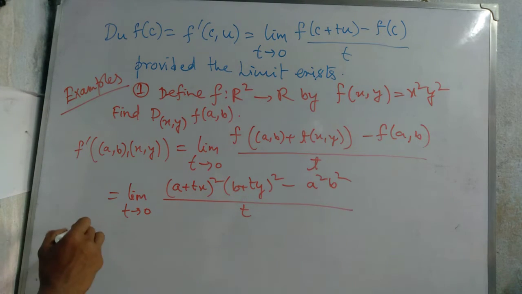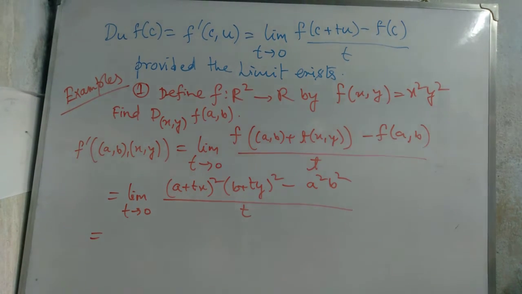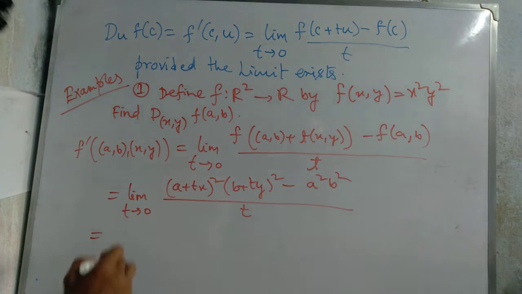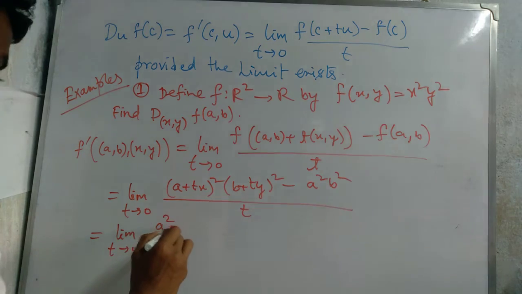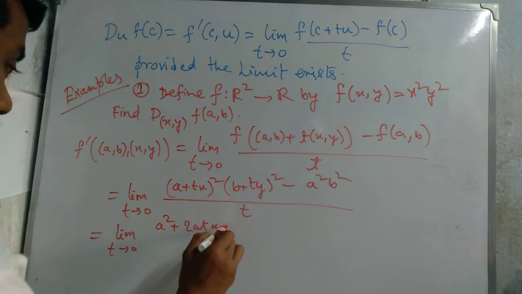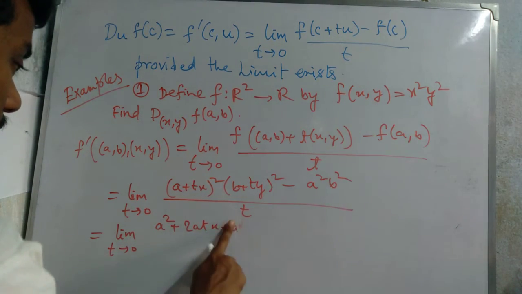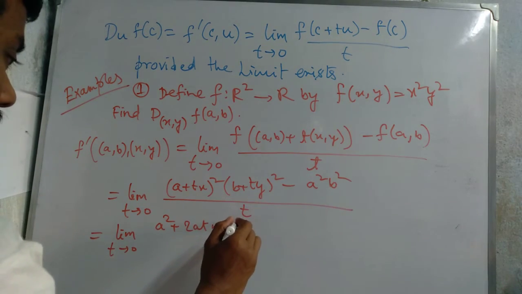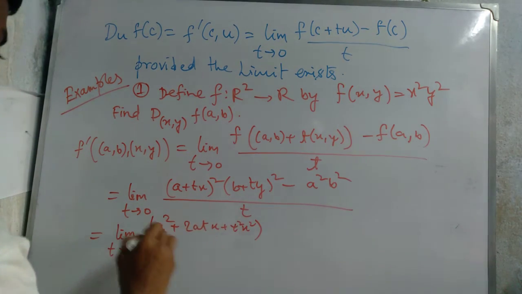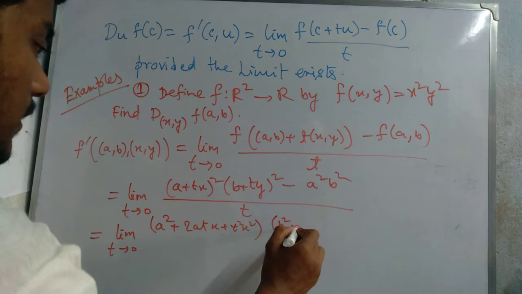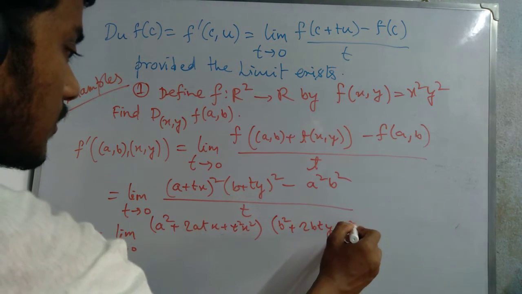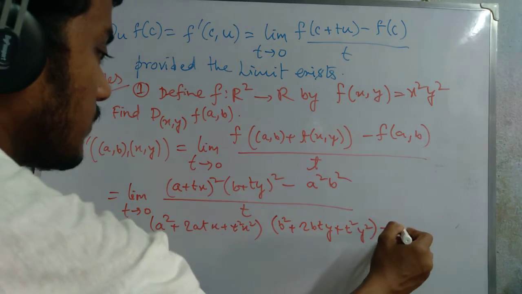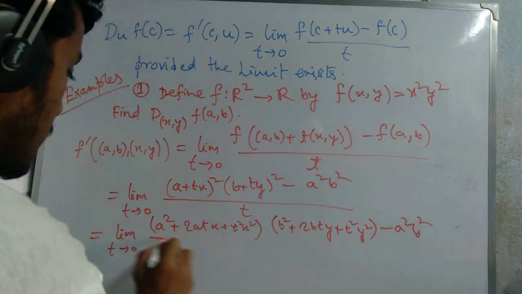Expanding, this equals limit t tending to 0 of (a square plus 2atx plus t square x square)(b square plus 2bty plus t square y square) minus a square b square, divided by t.